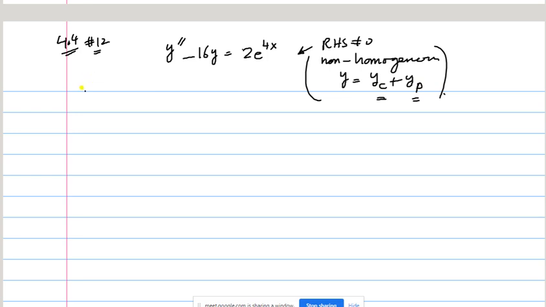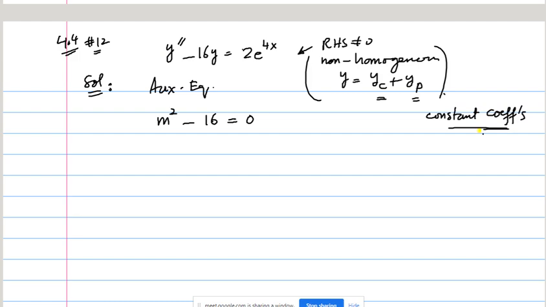Now for yc, I have to write the auxiliary equation only. Because these are constant coefficients, y double prime becomes m square, y prime becomes m, and y becomes no m.